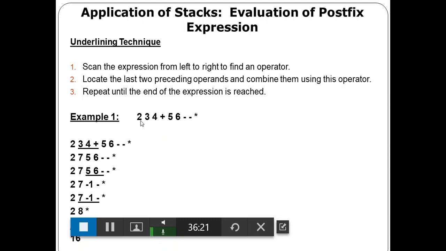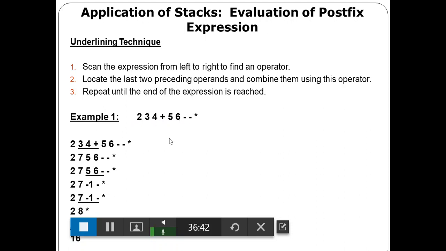See, we have this postfix expression here: 2 3 4 plus 5 6 minus minus star. See, 2 3 4 are nothing but the operands, like a b c d e f. We have the values here directly.